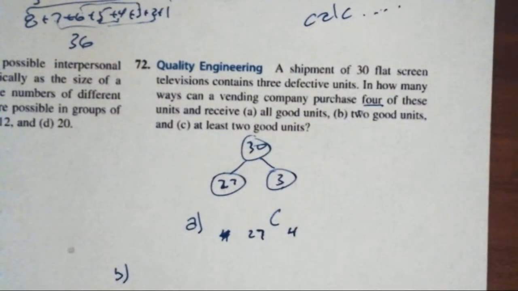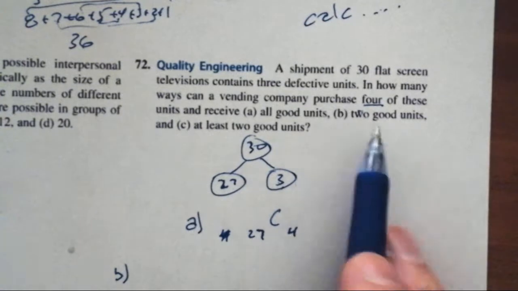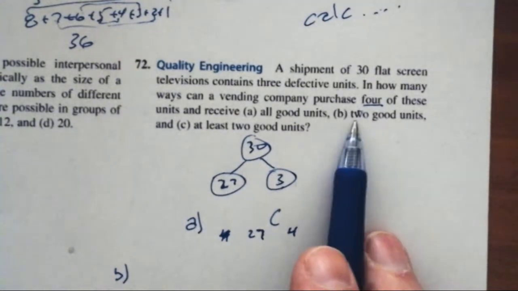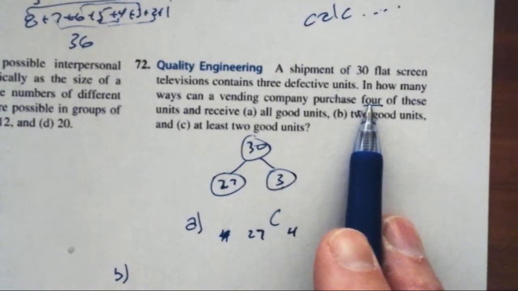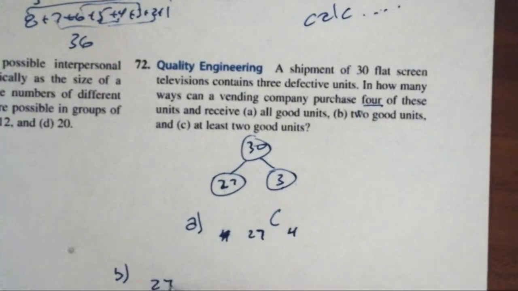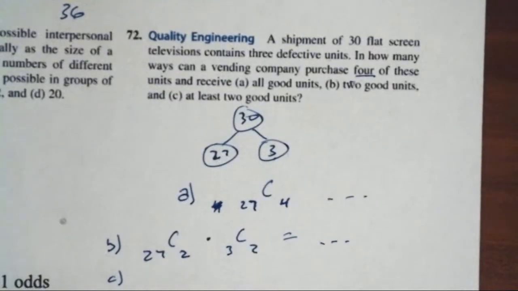Now, ands and ors. This is going to be a good one. Oh, actually not B, it's C that's going to be the really good one. Now we want 2 good units, but we're still selecting 4, which means I need to select 2 of the 27, and I need to select 2 of the 3 bad ones. But C, this is it.